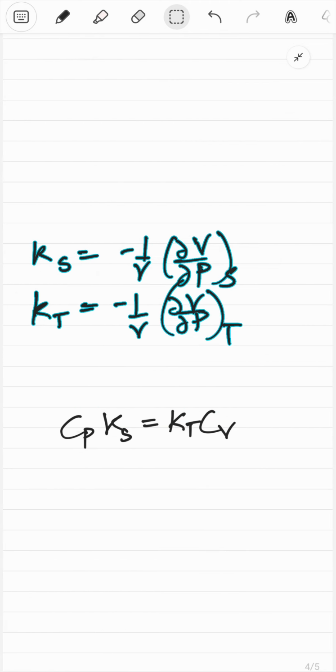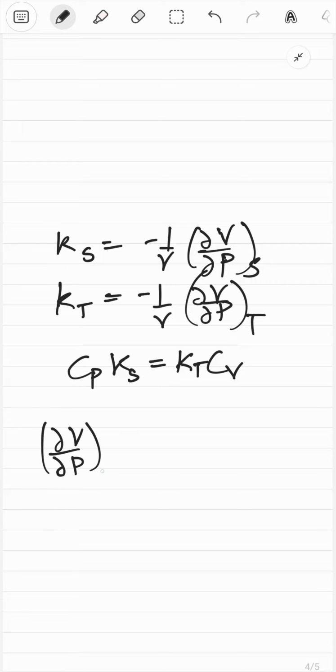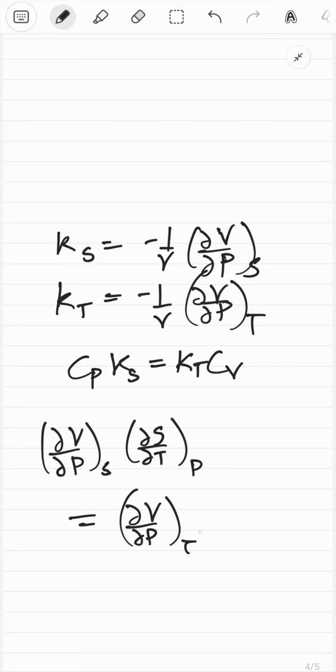So this is all you're really saying. Okay, this shouldn't be that complicated. So it's partial V by partial P at constant entropy, that's K_S. C_P is partial S by partial T at constant pressure, which is equal to partial V by partial P at constant temperature, and then partial.